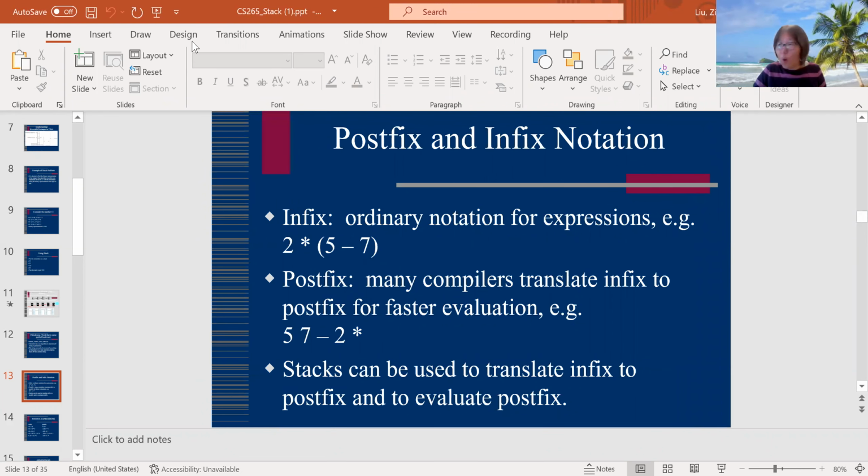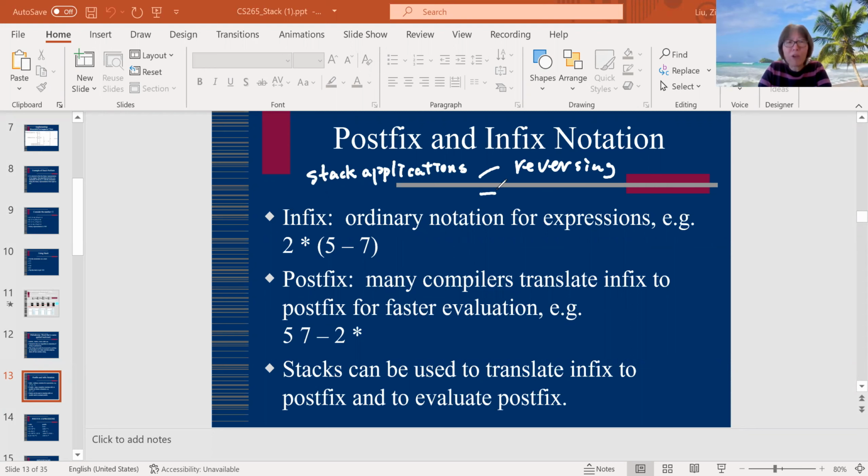So if you recall last class, we already discussed more, I believe, about stack applications. Last class we discussed reversing, yes, reversing we discussed.